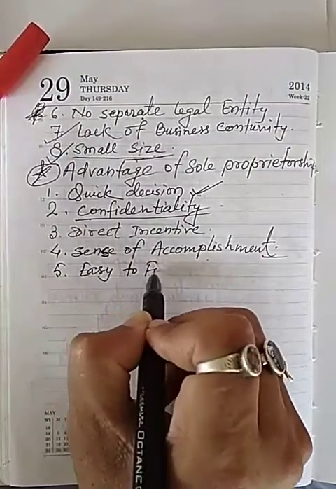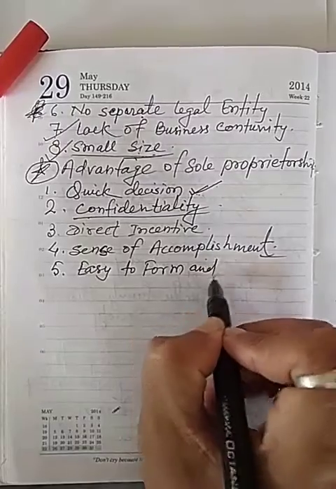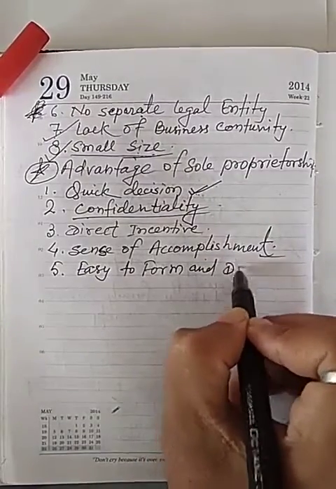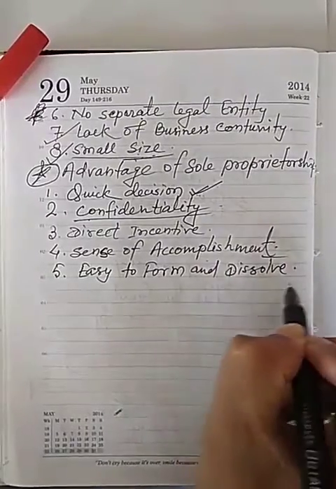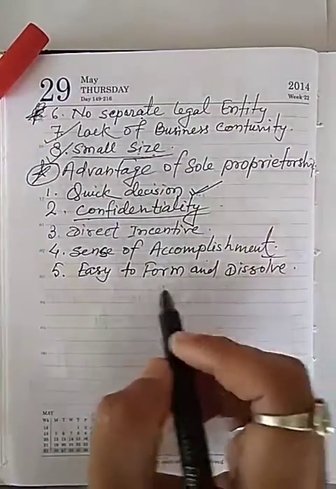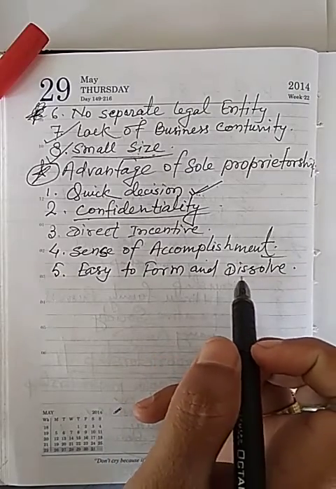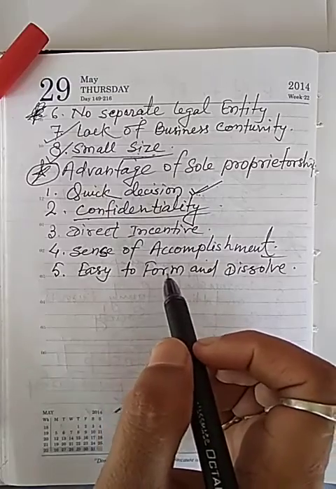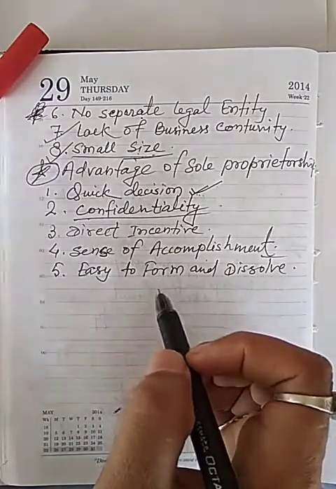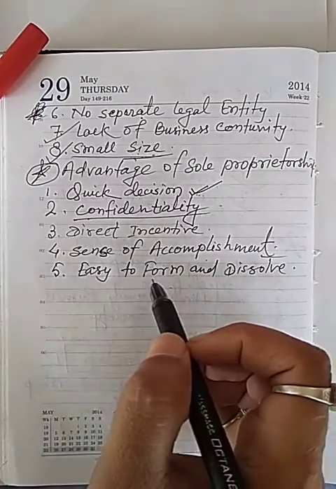Now fifth point is easy to form and dissolve. It means a sole proprietorship organization is easy to form. No legal formalities are involved in setting up this type of organization.